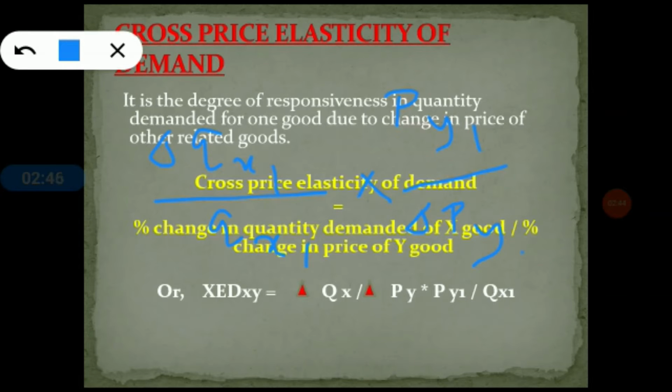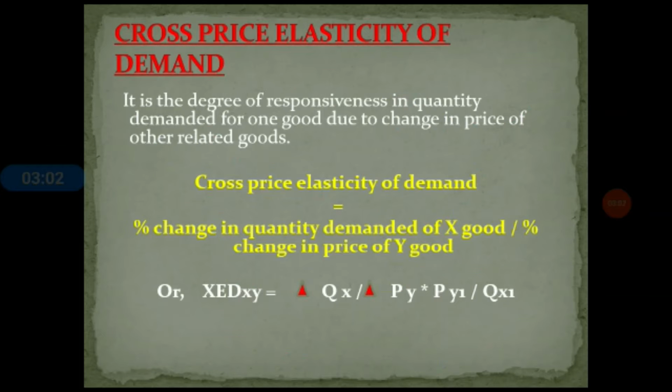Clear? So now we can write delta QX divided by delta PY, into PY1 by QX1. Clear? So now we are going to the next slide.